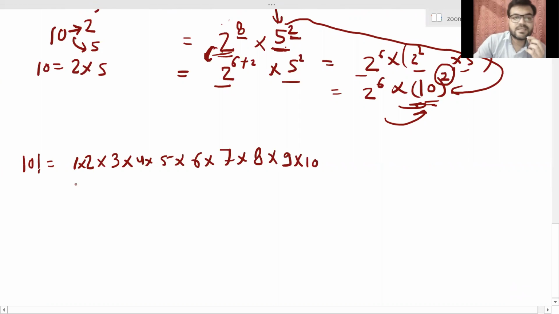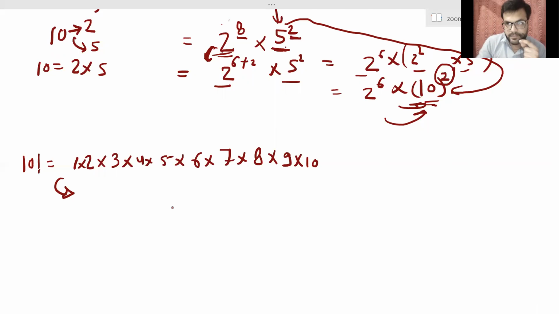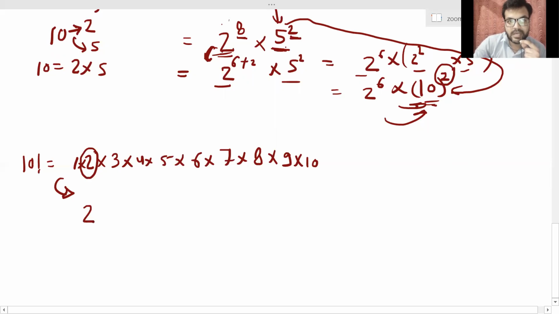What I'm trying to say is, if you keep on increasing the value of prime number in any factorial, its frequency of occurrence will keep on decreasing. So we counted the number of 2s. We have 8 number of 2s in factorial 10.